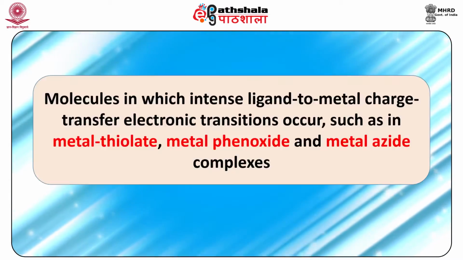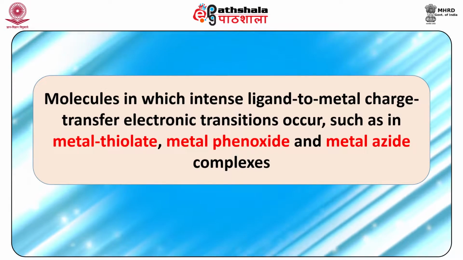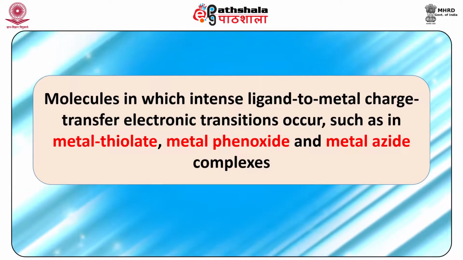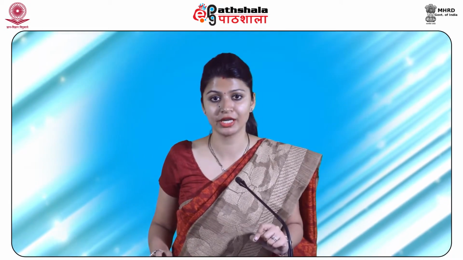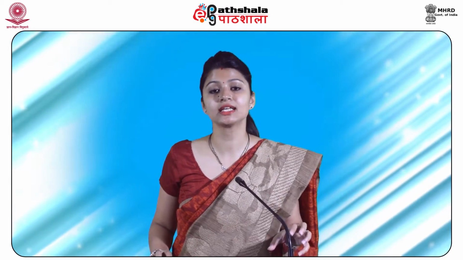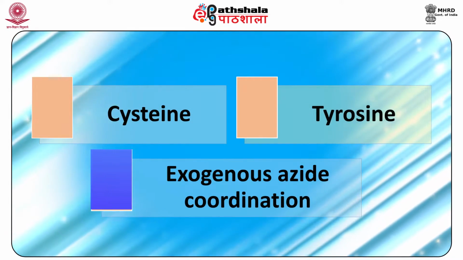Especially valuable are the molecules in which intense ligand to metal charge transfer electronic transitions occur, such as in metal thiolate, metal phenoxide and metal azide complexes. Resonance Raman spectroscopic investigations of those chromophores can be used to recognize cysteine, tyrosine or exogenous azide coordination respectively.